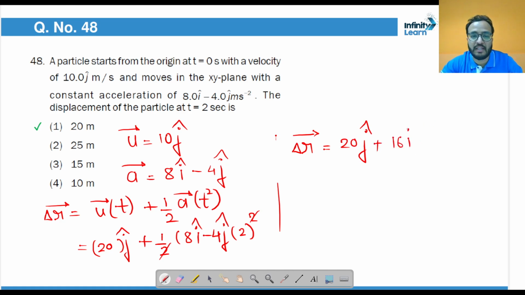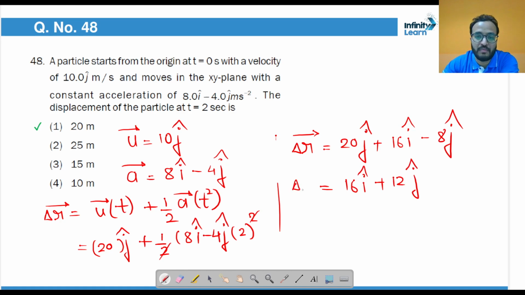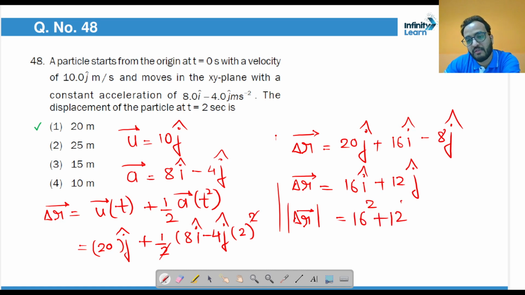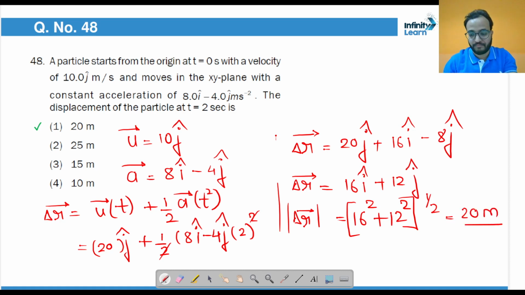Plus 16 i cap minus 8 j cap. So it will be 16 i cap plus 12 j cap. So overall displacement magnitude will be how much? 16 square plus 12 square under root, that is 20 meters. Got it?